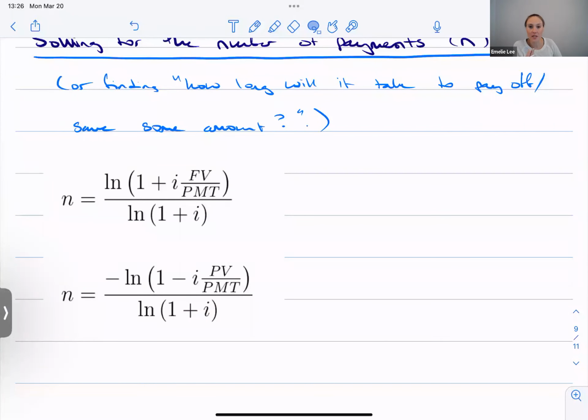These look very similar, right? And so if you're looking at these formulas, what are some differences? Kind of spot the differences. Well, I have some natural log 1 plus i, and then the future value over the payment amount, and then the log of 1 plus i. The denominator here is the same. I have a negative here and a minus here, but really the only thing that changes is that here you have some present value and here you have some future value and then some present value, right?